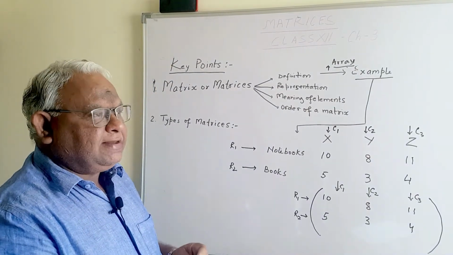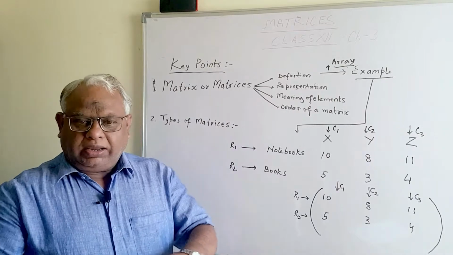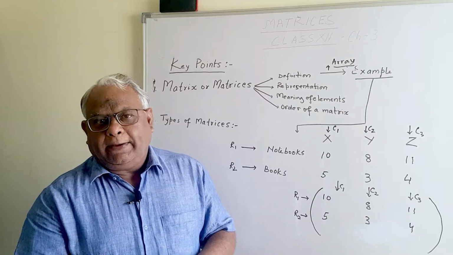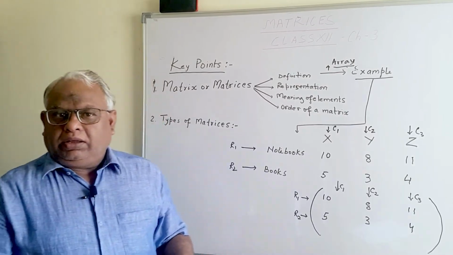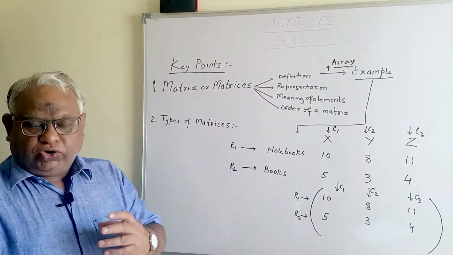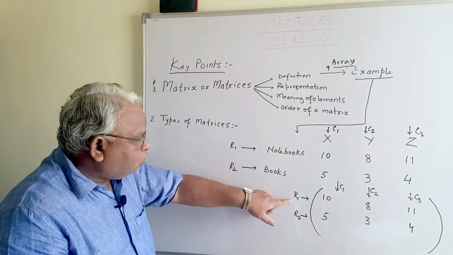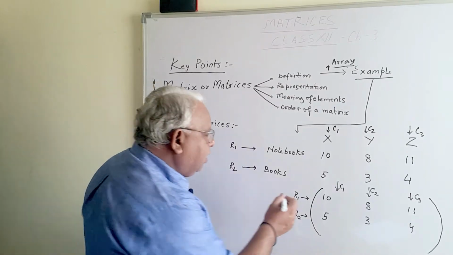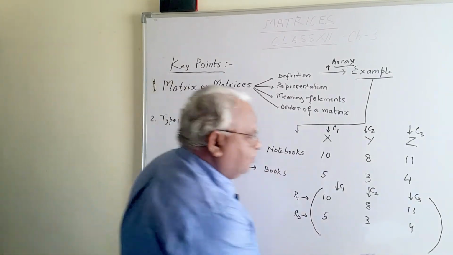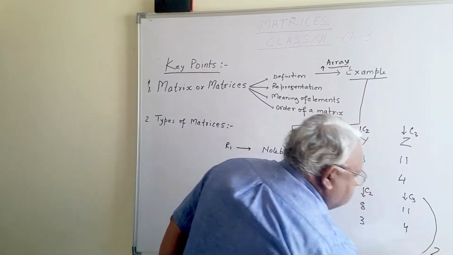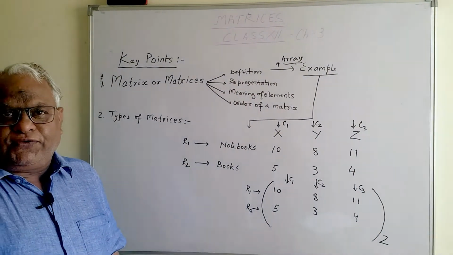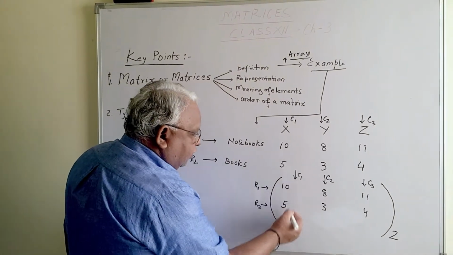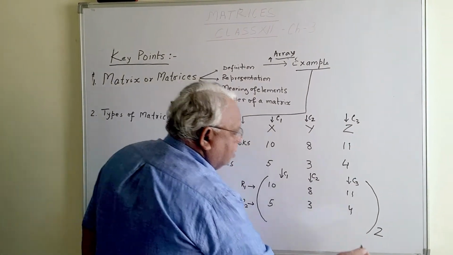Now if I ask you a question, how many rows are visible to you? If you don't know the answer, there are two rows, R1 and R2. So here it is written as 2 in the lower part of index. And how many columns are there? C1, C2 and C3.